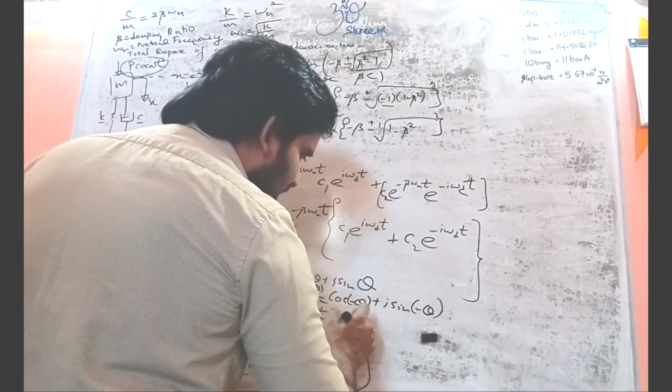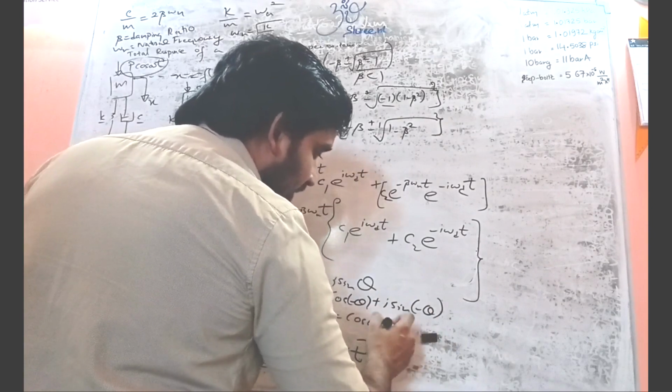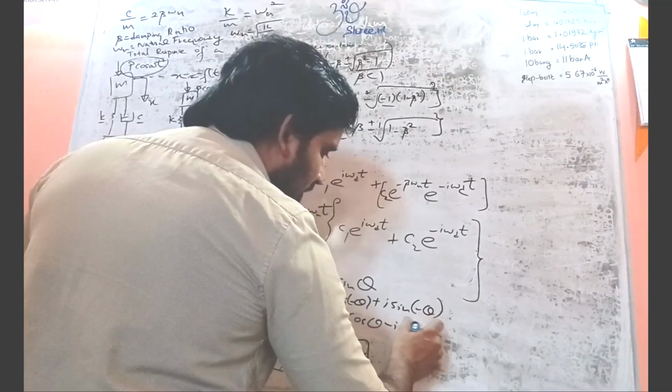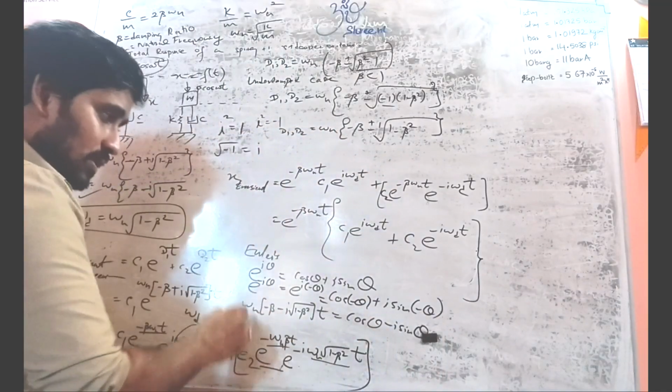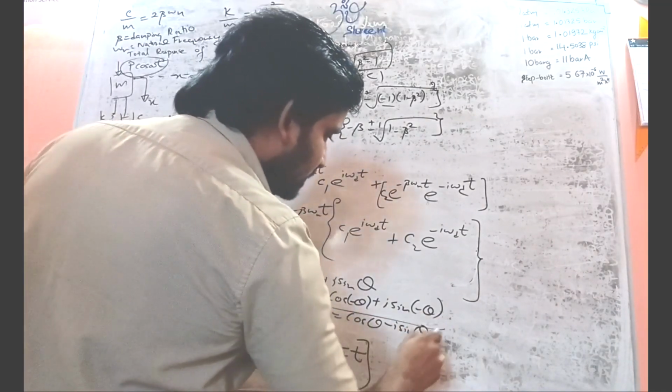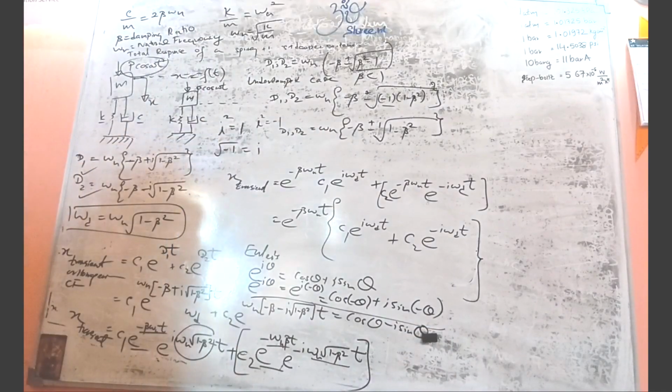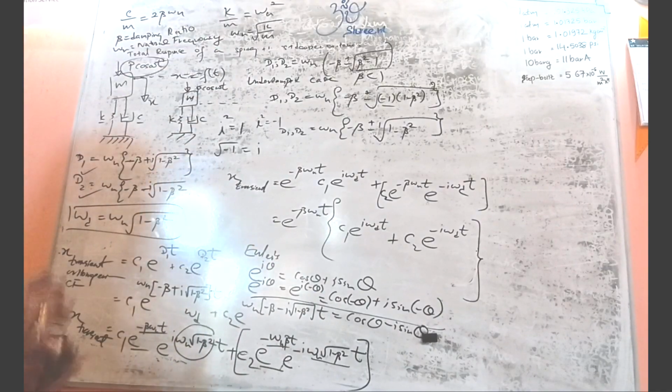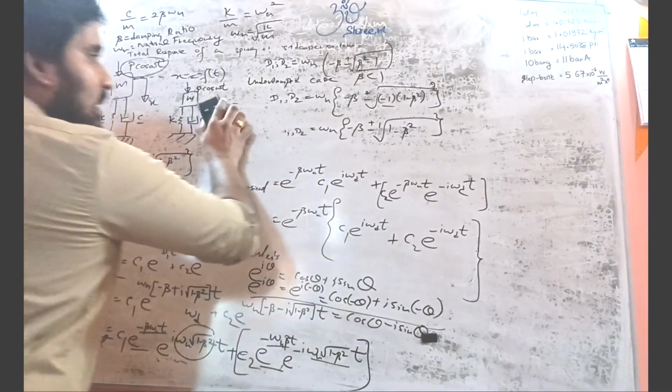Cos minus theta we can write as cos theta, and this one we can write as minus i sin theta. So now we can actually use this expansion over here. I again need space, so take down your notes.